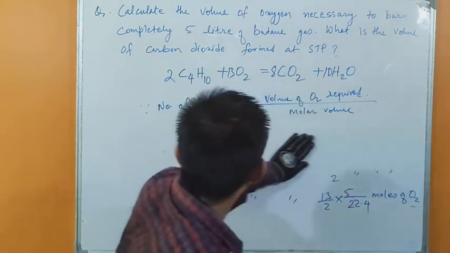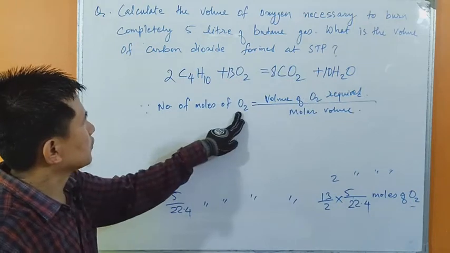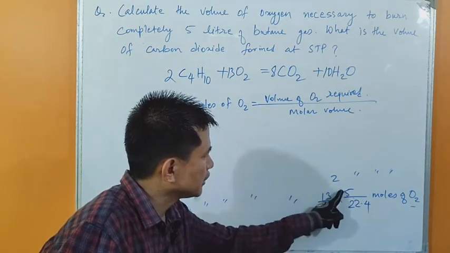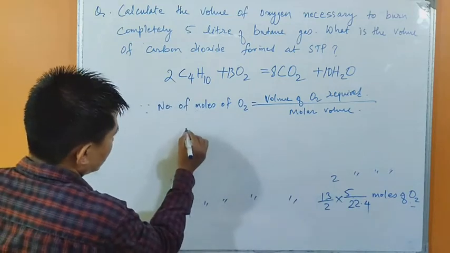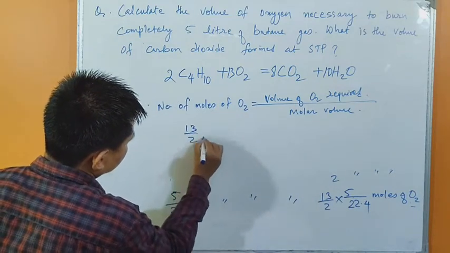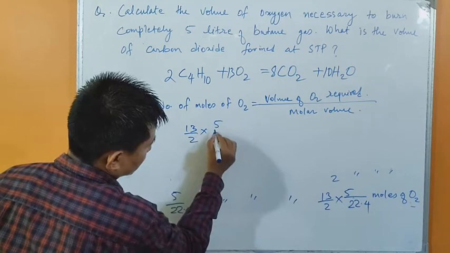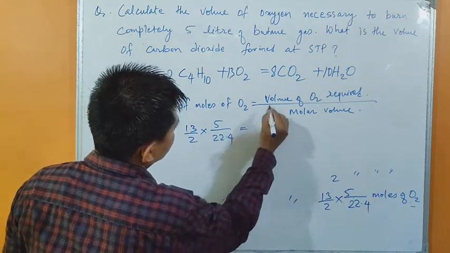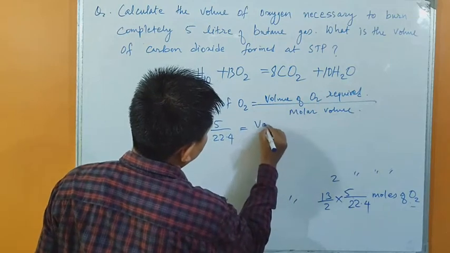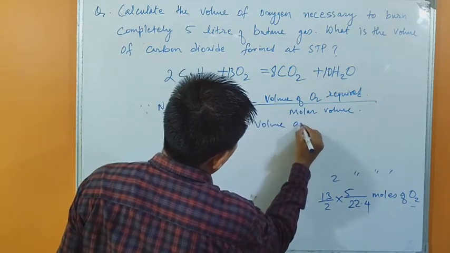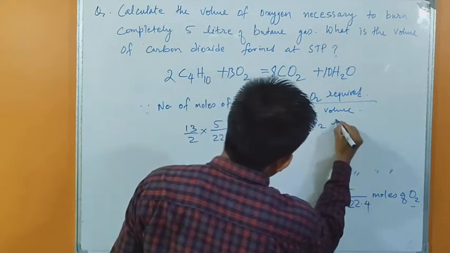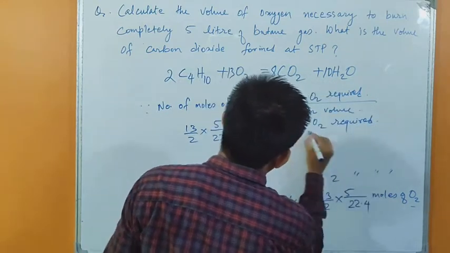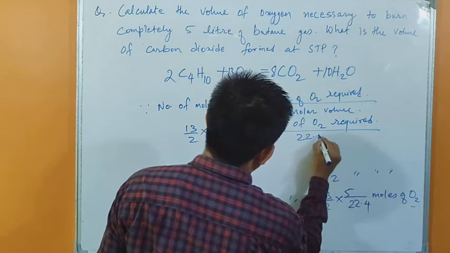So we have the number of moles of oxygen. We have just found out the number of moles of oxygen: 13 upon 2 into 5 upon 22.4 equal to volume of O2 required divided by molar volume, which is 22.4.